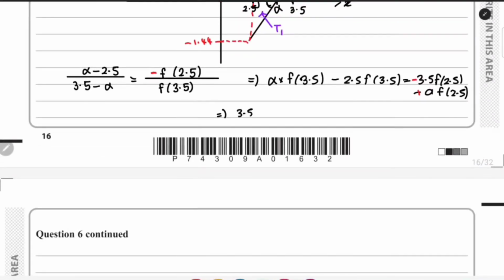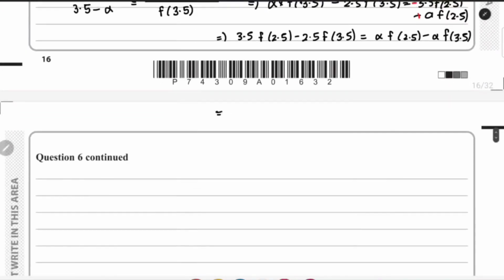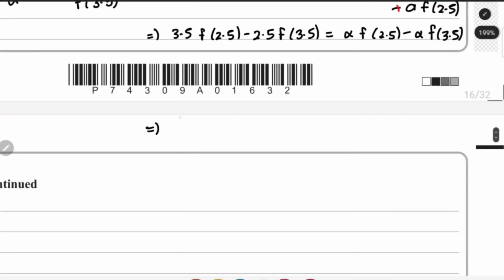So I'll have 3.5 f of 2.5 minus 2.5 function at 3.5 on the right.